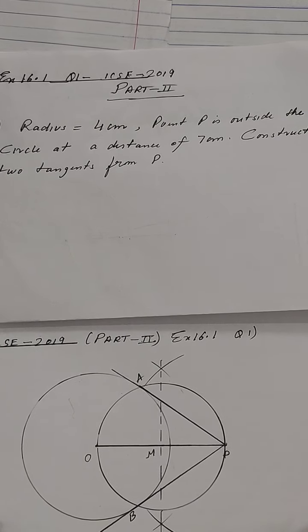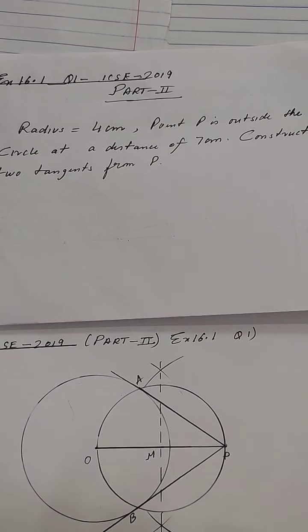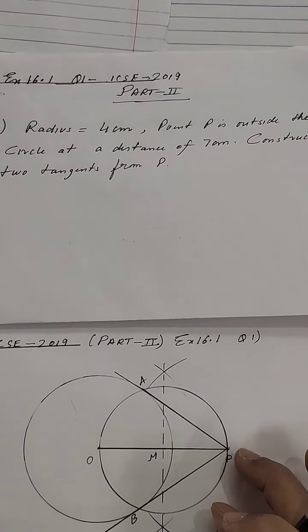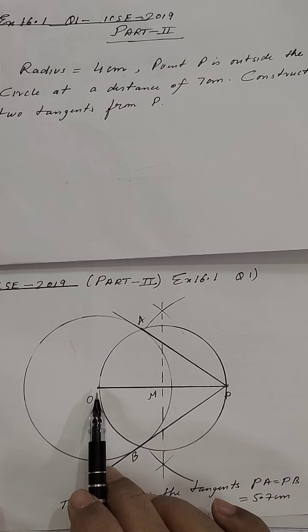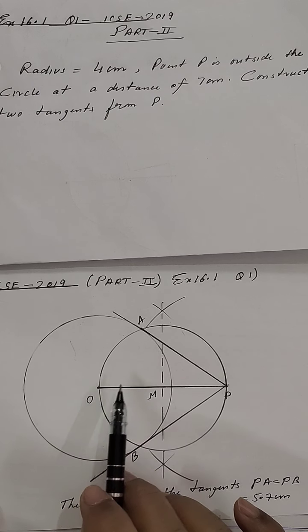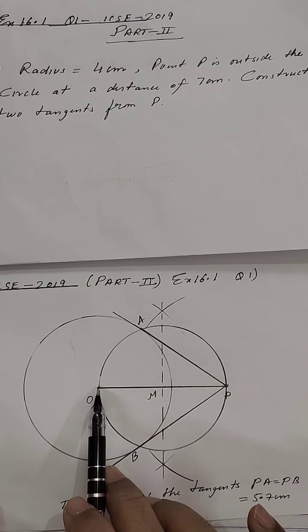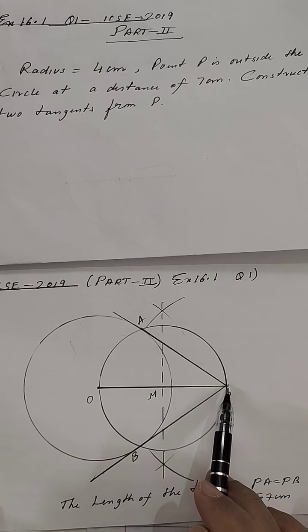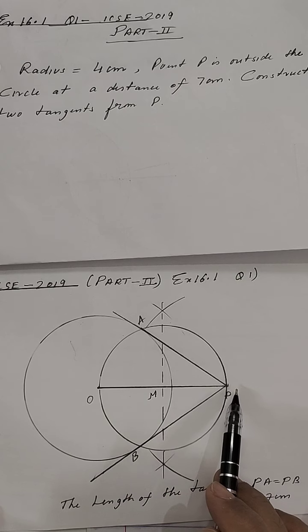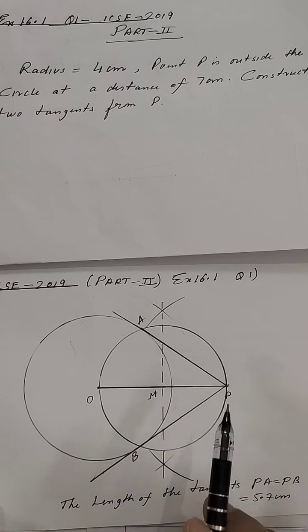Once more, we are doing construction of a circle where we have to draw two tangents. We construct the circle also, and we construct two tangents. How do we do it, children? Once more, we take the circle with the given measurement, in this situation 4 centimeter. We draw the circle. From O we produce one line which is 7 centimeter. So the length of OP is 7 centimeter. This is called a line segment.